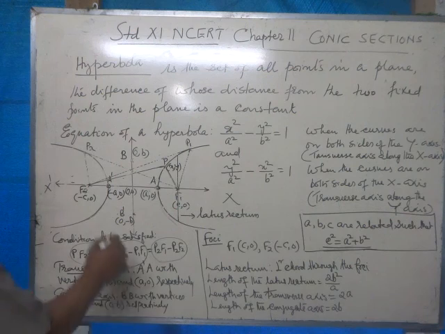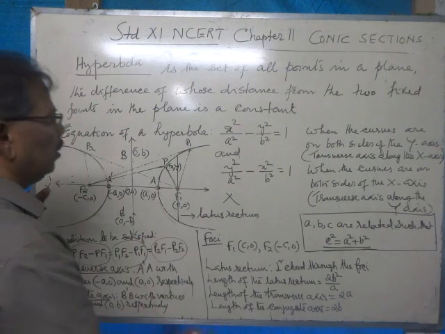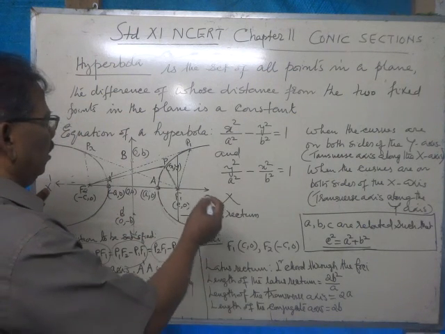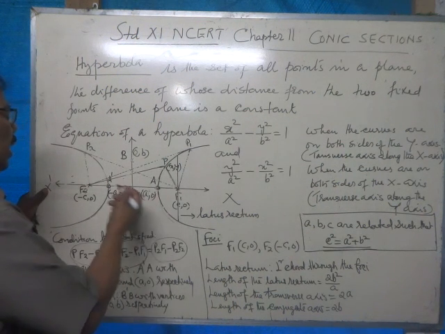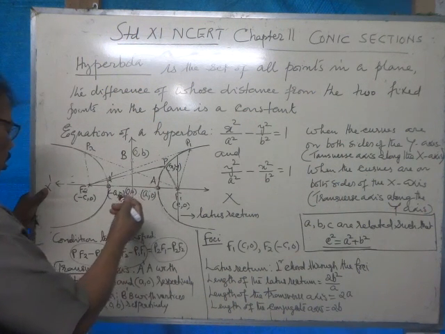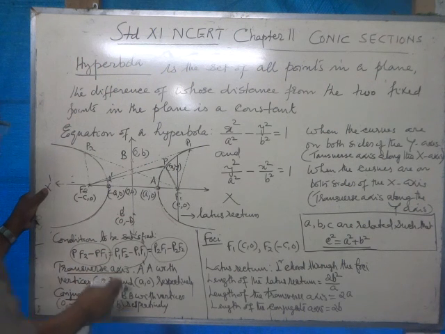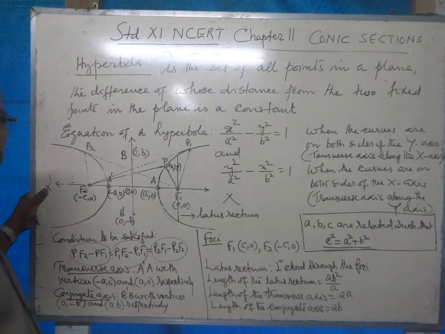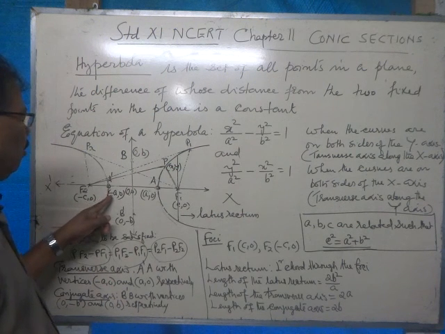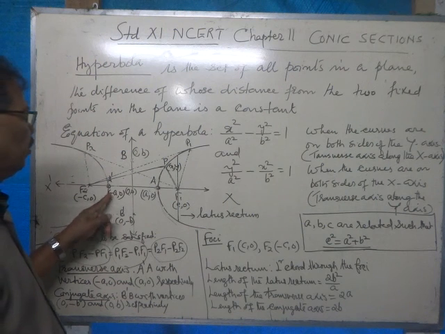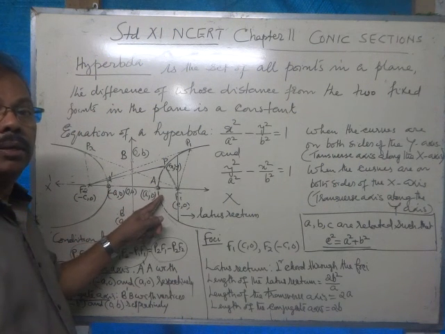And now, in this figure, the axis of the curve is A'A. It is called the transverse axis. The vertices are (-a, 0) and (a, 0).